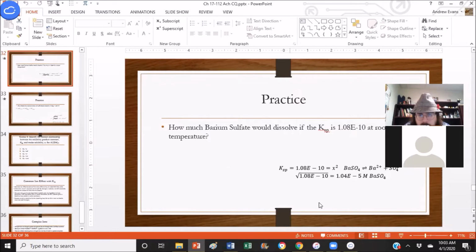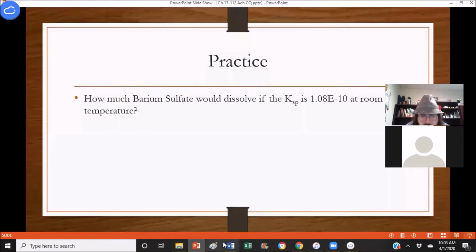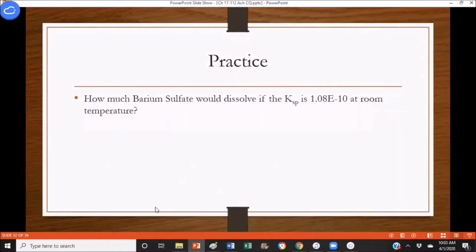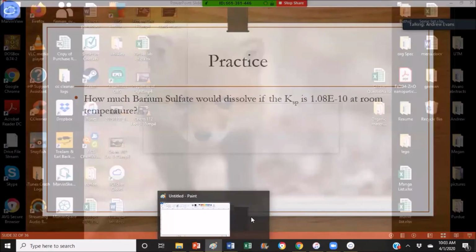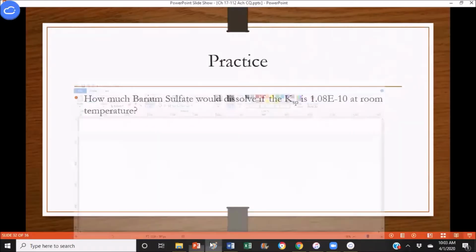Of Ksp. The idea of Ksp is just like our usual K expression, except that we essentially don't have any reactants, so our K expression becomes a lot easier to deal with. It is just products, so K is equal to product times product. Our ice table is essentially just a big old zip with X's. For barium sulfate, Ksp is 1.08 times 10 to the negative 10th.